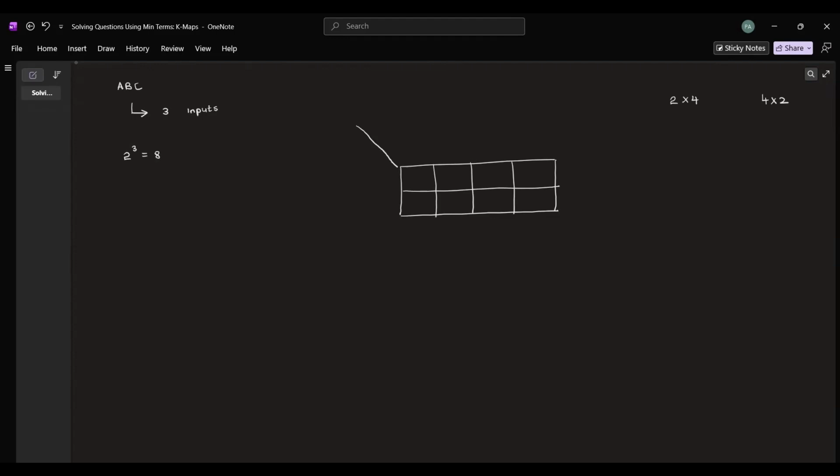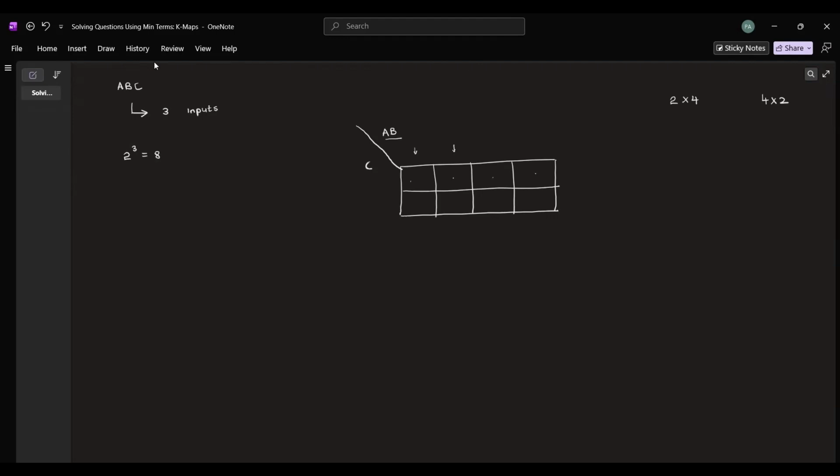Now we have to name the directions. Since we have 3 inputs, you can put A, B, C. The AB should come where you have the most cells. Row wise, there are 4 columns here. That's why you put AB here.